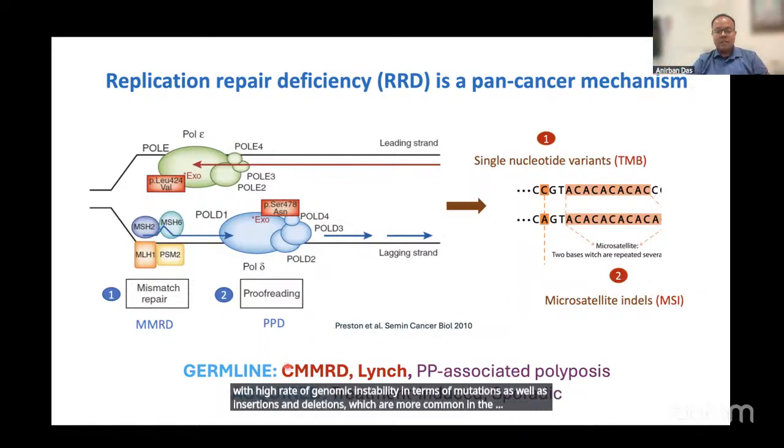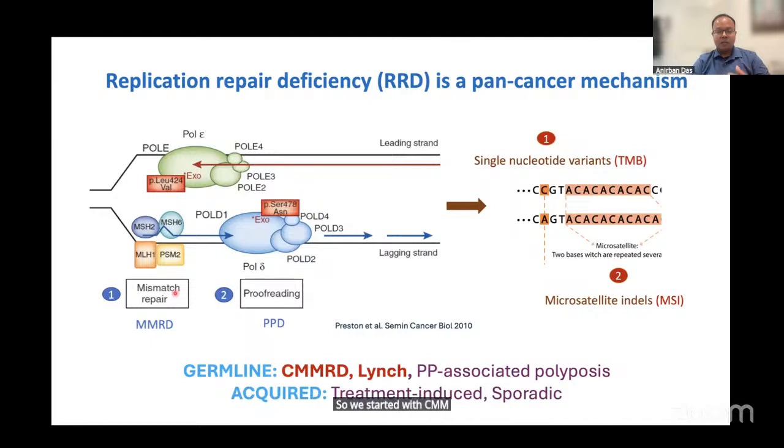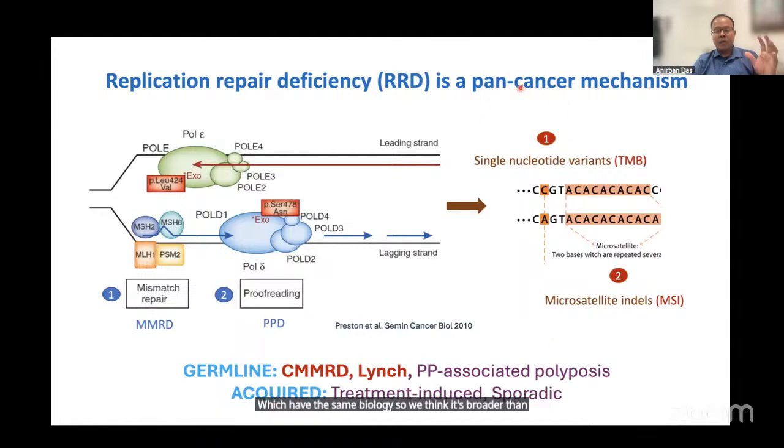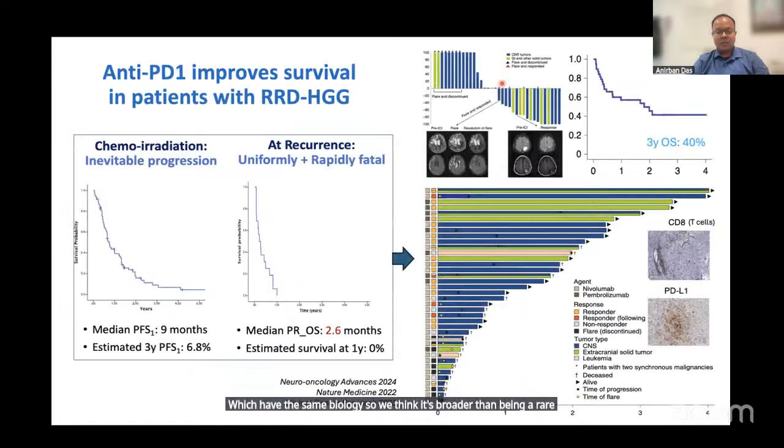So we started with CMMRD, where there is germline biallelic deficiency in either of these four genes. But we now more and more know that there are other patients with either Lynch syndrome, which is the heterozygous state, and other mutations, as well as some sporadic cases which have the same biology. So we think it's broader than being a rare syndrome. It's actually a pan-cancer mechanism.